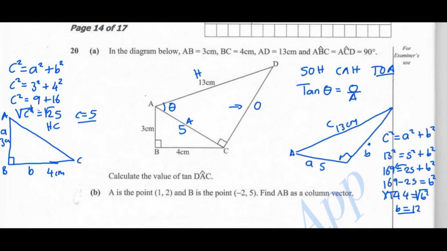So this means that there was a 12 here. Then we have the full data. So this is now equal to tan DAC is equal to, the opposite is 12, the adjacent is 5. So this is our final answer.